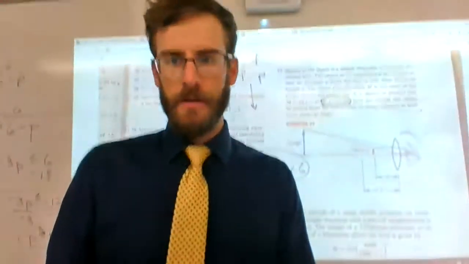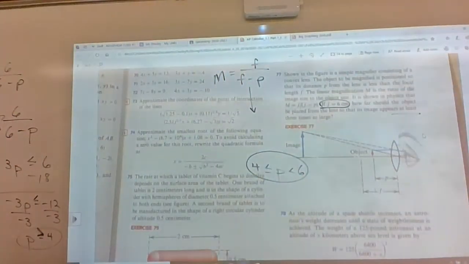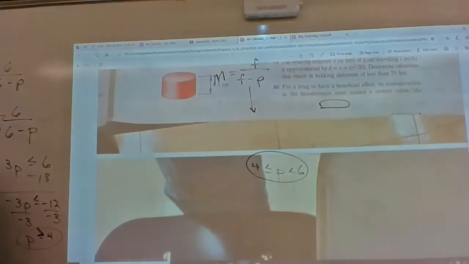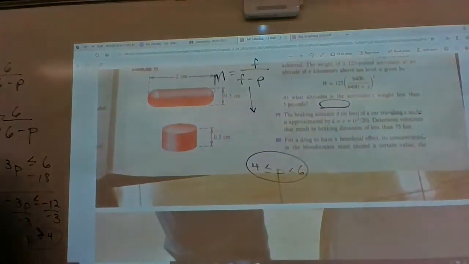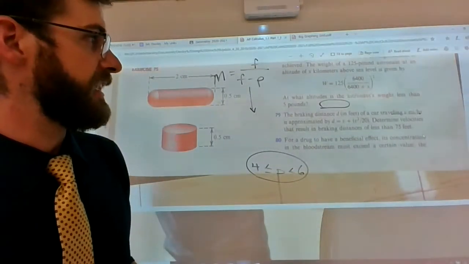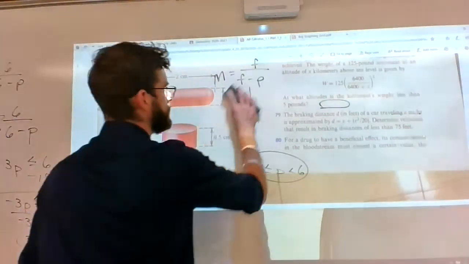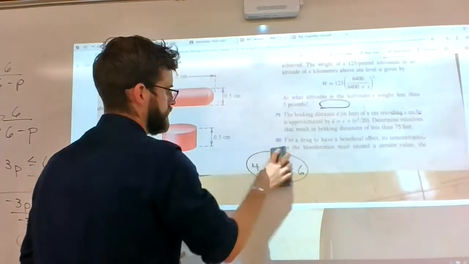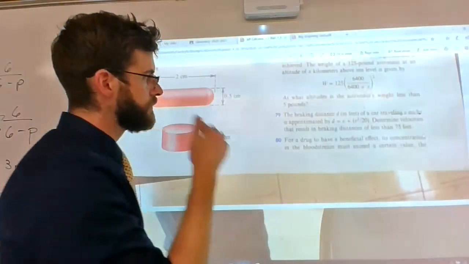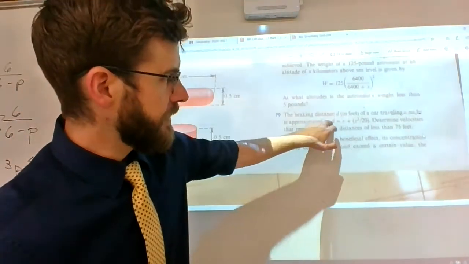All right. We're going to talk about number 79 now. Number 79, we're talking about the braking distance of a car traveling at a certain velocity. So the braking distance is d.